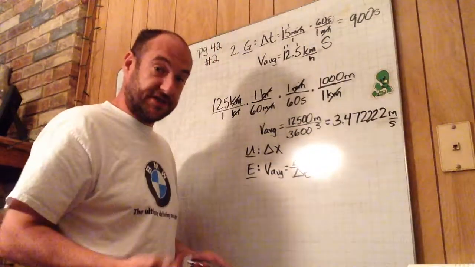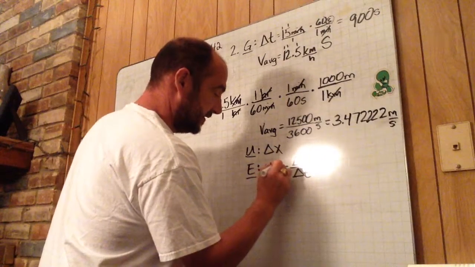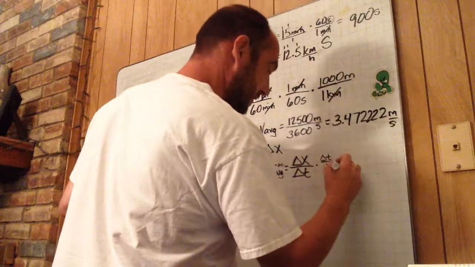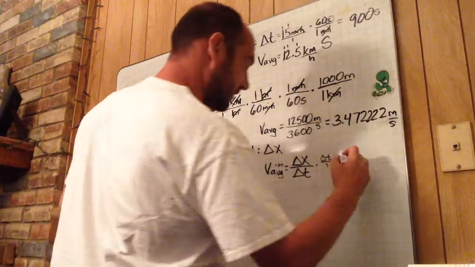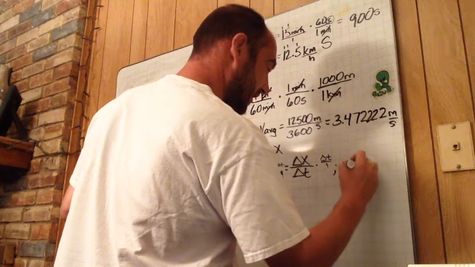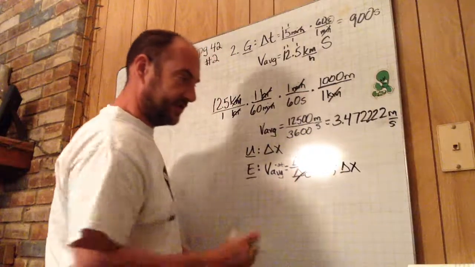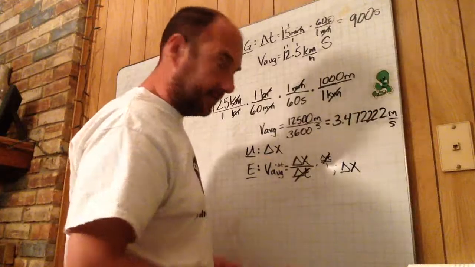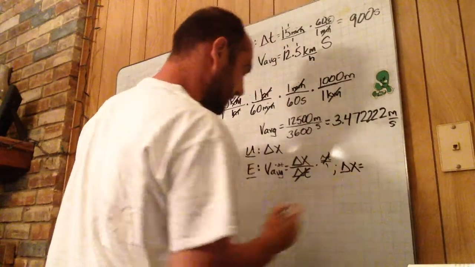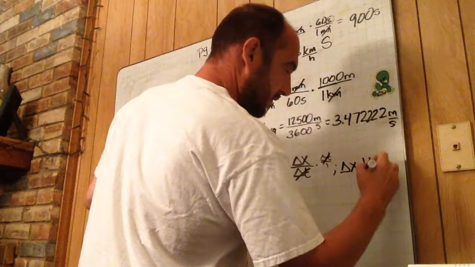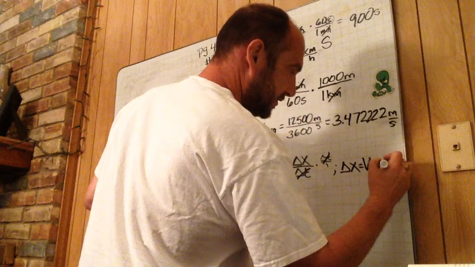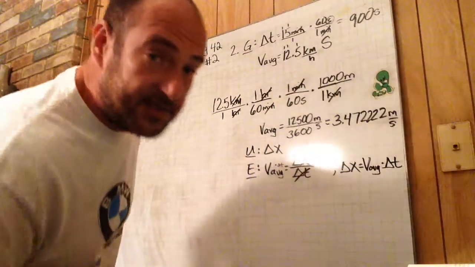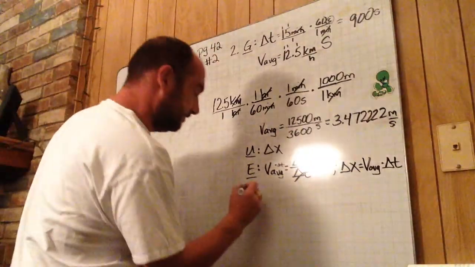This time, delta T times delta T over here times delta T. Okay, now semicolon. Oh, forgot to show you the cancellation. Now the only thing I have is delta X over 1, and anything over 1 is just anything. In this case, delta X equals the average times delta T.